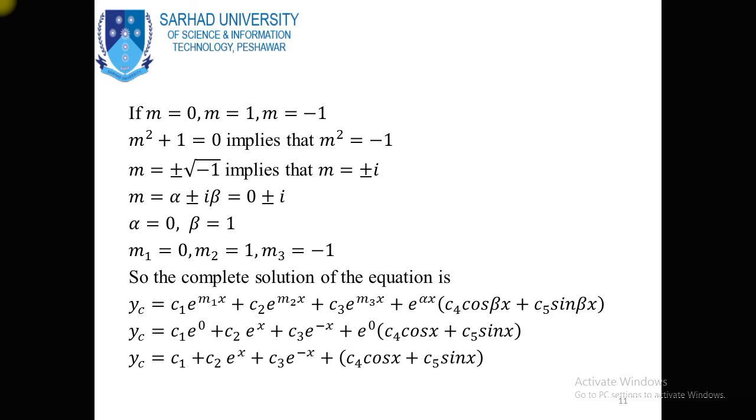The complementary solution depends on the nature of the roots of the auxiliary equation. Note that there are 4 cases for the nature of the roots, so definitely there will be 4 different formulas for the complementary solution. For each case of the roots, note the complementary solution for the given higher order homogeneous differential equation.